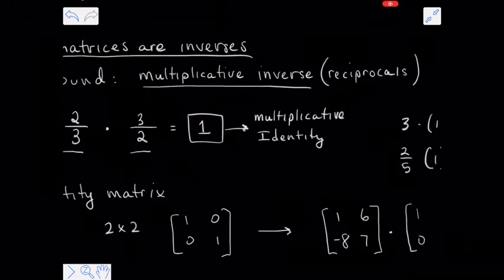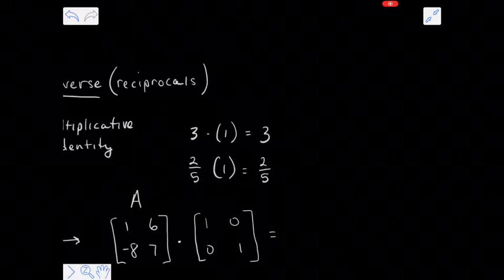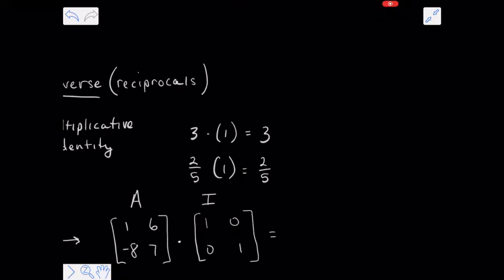So as an example here, I wanted to show you, I've got matrix A, and then I'm going to call this identity with a little subscript of 2. It's the identity matrix of a 2x2. If I multiply these together, then what I should get out of that is the same matrix that I started with.